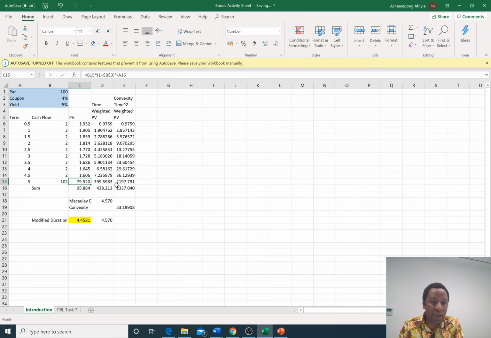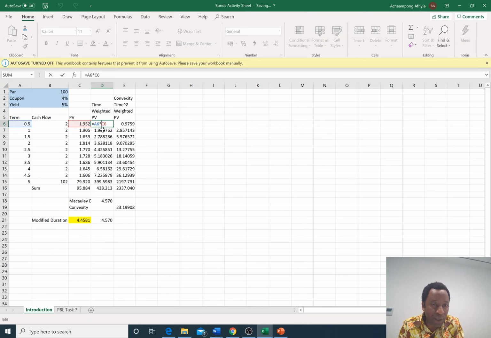So to calculate the duration, I should say, the duration is a time-weighted average of the present values of the cash flows. So what we're doing there is we're taking a time average, a weighted average of these present values by multiplying each of these cash flows by the time.